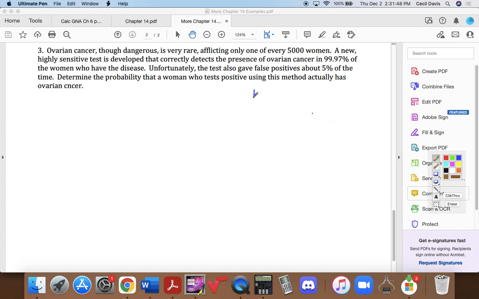So we want the probability that someone actually has ovarian cancer. So I'm just going to put C, given that they've had a positive test.